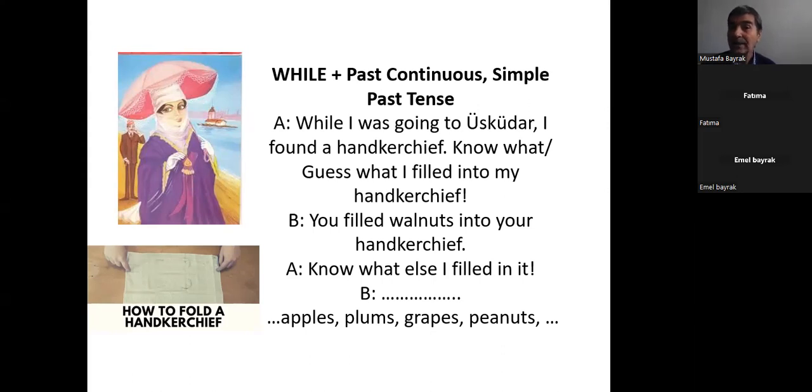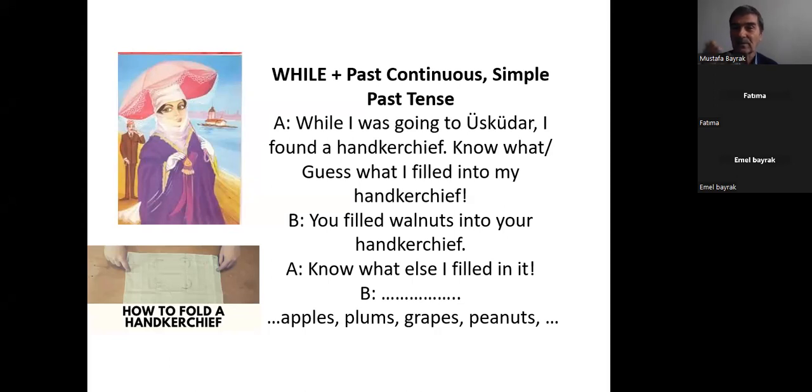Guess what I filled into my handkerchief. It goes on like this. You filled walnuts into your handkerchief. You know walnut. We started to learn English from the very beginning at the beginner level with those as an object.